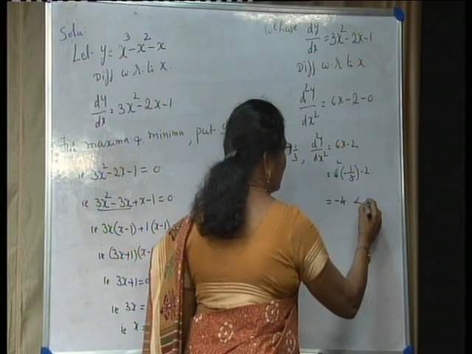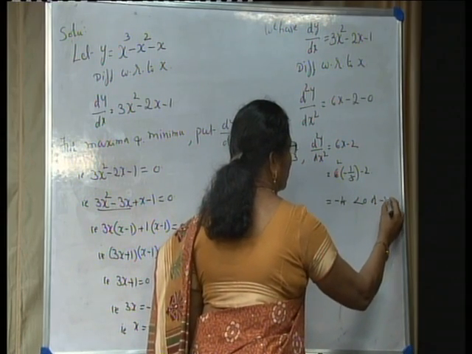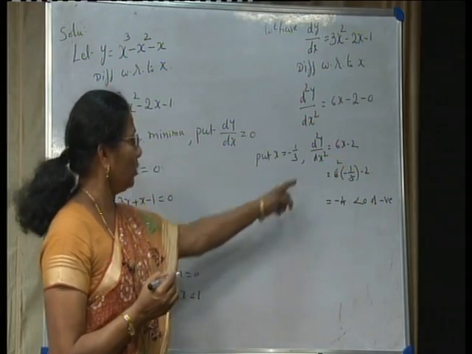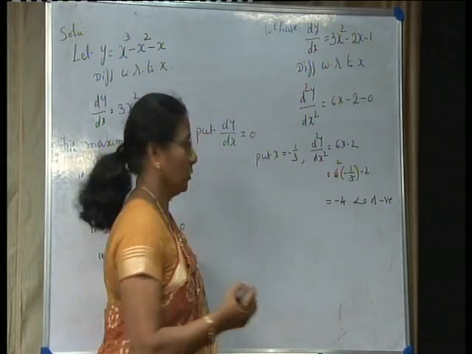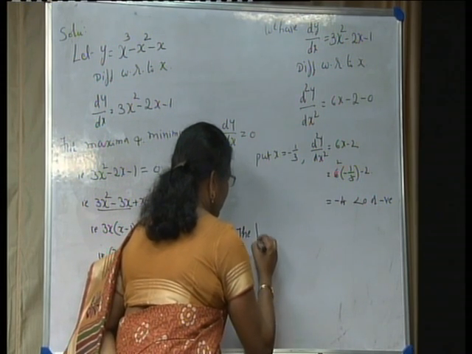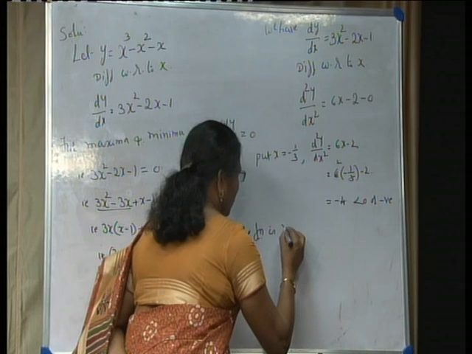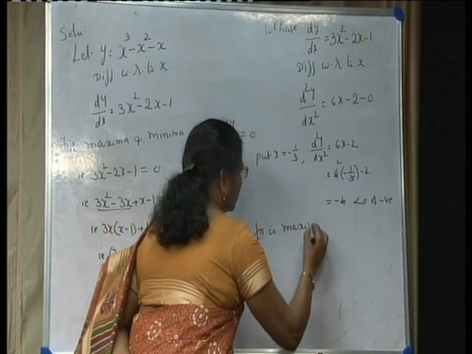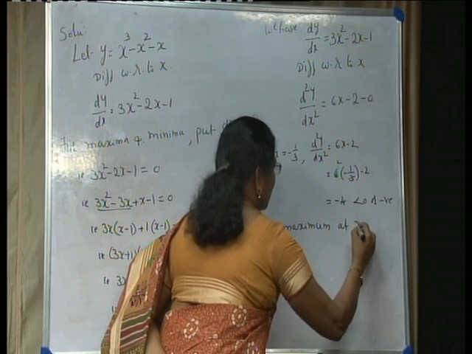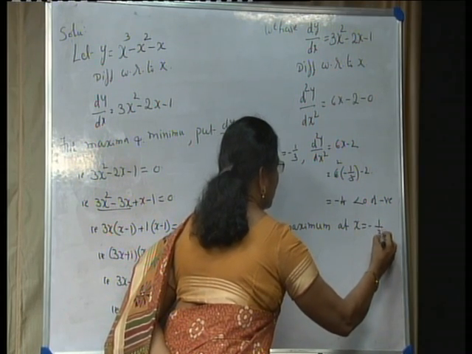It is less than 0, or negative. The value of the second derivative is negative. Therefore, the function is maximum at x is equal to minus 1 by 3.